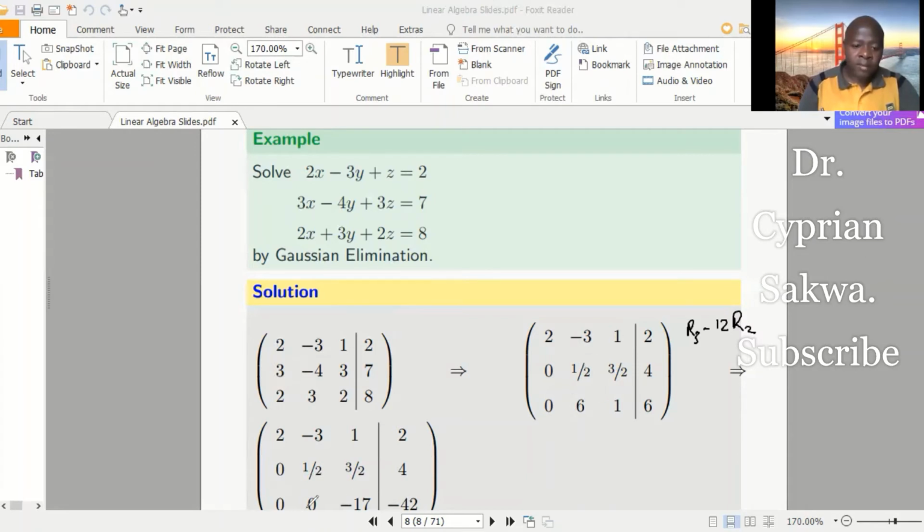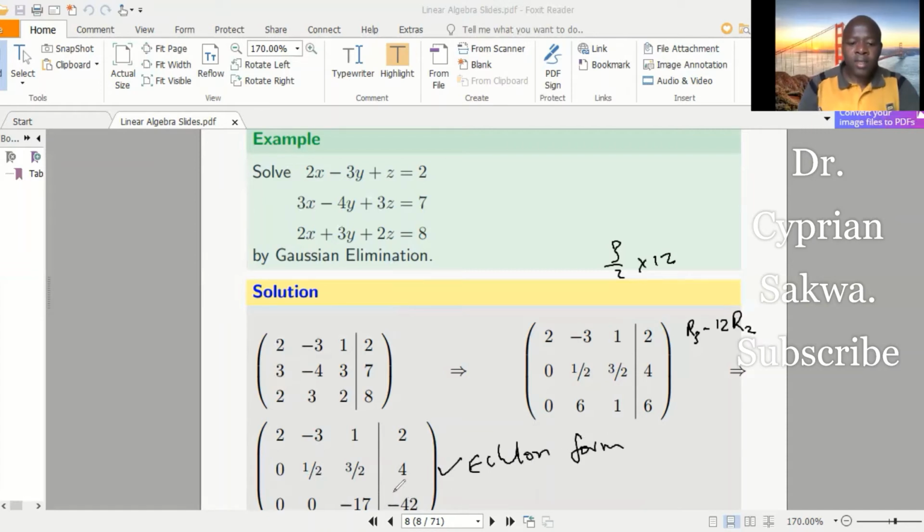From this 6, I have 0. 12 of 3 over 2 will be 18. 18 from this 1, I have -17. Then finally, 12 of 4 is 48. 48 from 6, I have -42. The matrix is in echelon form.